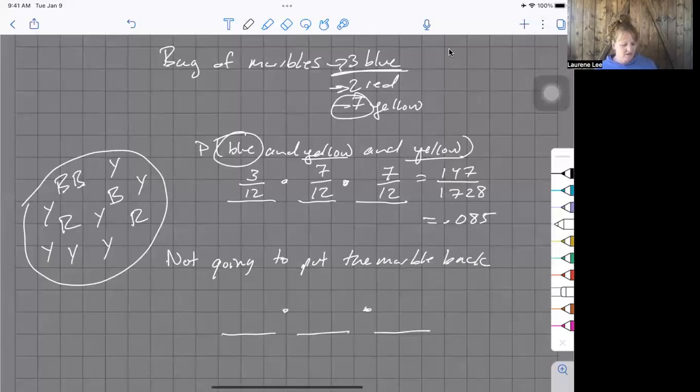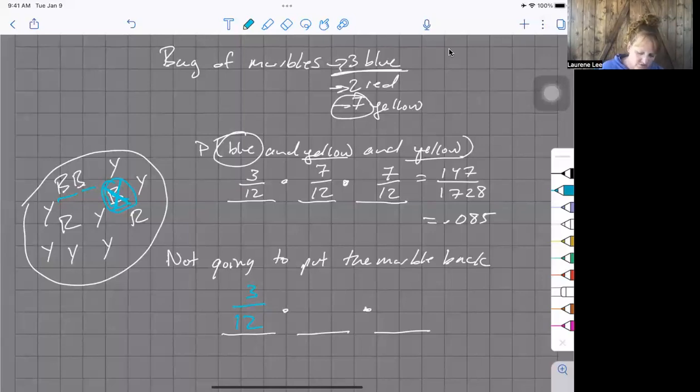And when I look in this bag, what's the probability of getting a blue? Well, there's 3 blues, okay, right here. 1, 2, 3 blues. So I've got 3 out of my 12. But what happens now is I grab one of these blues and I take it out of the bag. So now in my second part of my experiment here, I want to get a yellow.